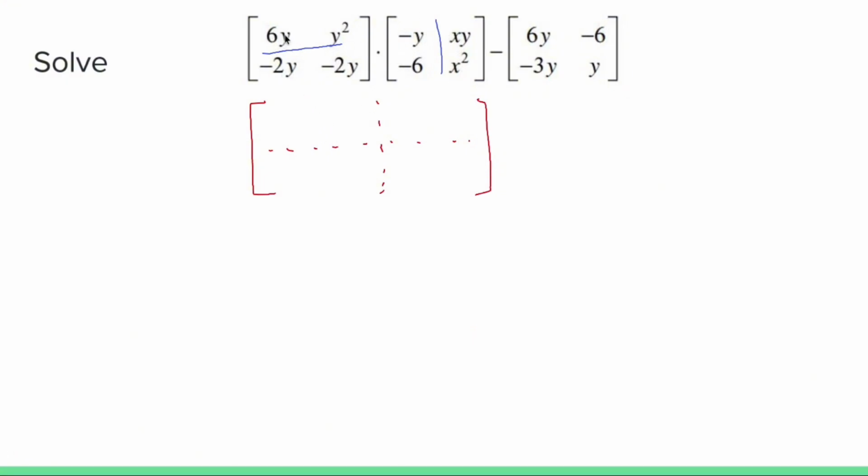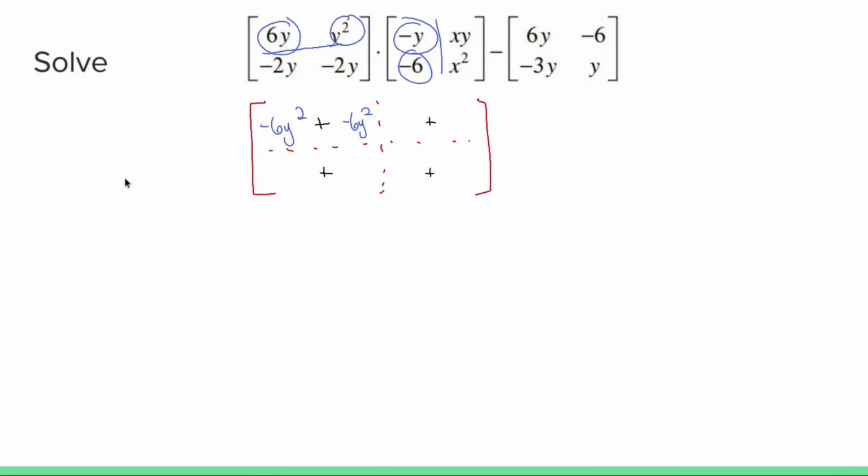Since we're only doing something times something and something times something, we could just throw those plus signs in the middle and get that out of the way right now. So 6y times negative y is negative 6y squared. Y squared and negative 6 is negative 6y squared.